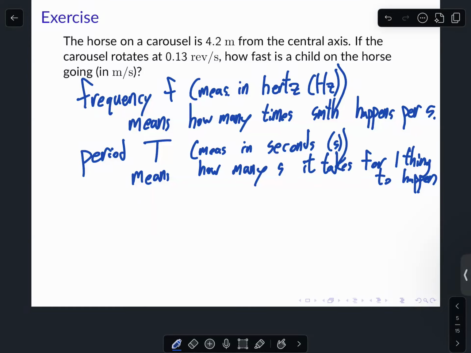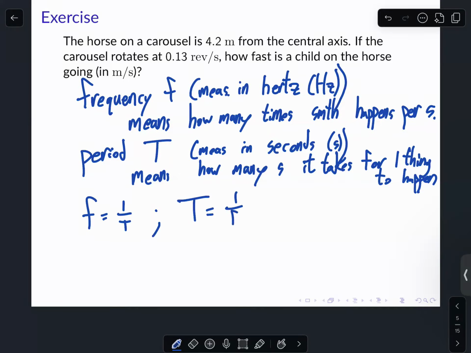So not just how many seconds for one thing to happen once, but something that repeats. Anything that repeats, a full circle, a spin, a cycle of a radio wave, whatever. So period is seconds per cycle, frequency is cycles per second. I hope it will not be a big shock to you that you can calculate frequency as inverse period.